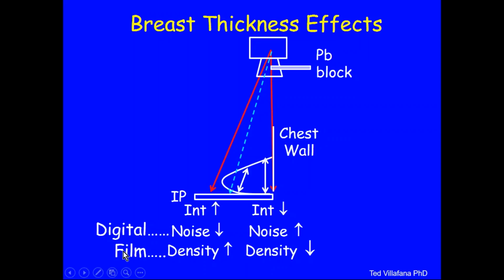If it was a film modality, now instead of noise pattern, you see density patterns. At the low intensity end, it'll be very light. At the high intensity, it'll be very black. Again, non-uniform images. But now enter the heel effect.